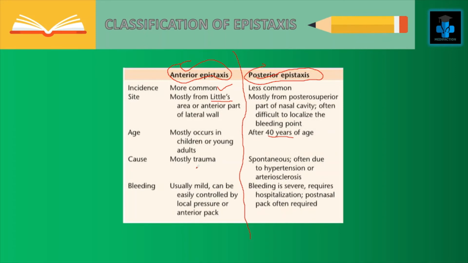In anterior epistaxis, the bleeding is usually mild and can be easily controlled by local pressure or anterior packing, which we will be discussing later. Whereas in case of posterior epistaxis, the bleeding will be severe and requires hospitalization and post-nasal packing will be required.